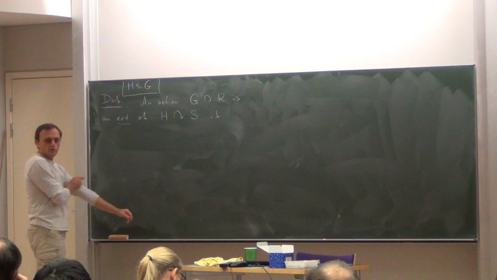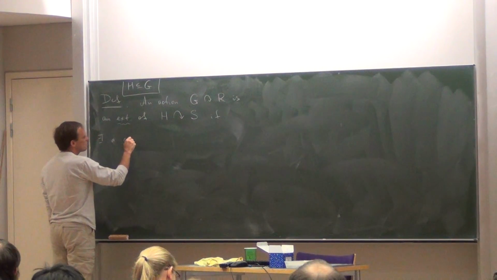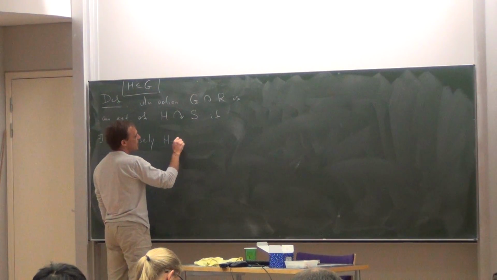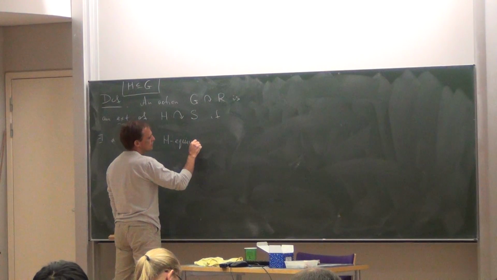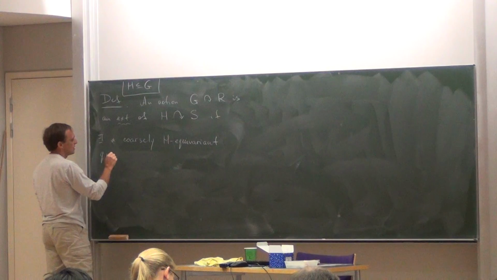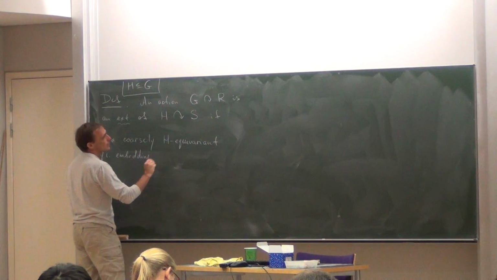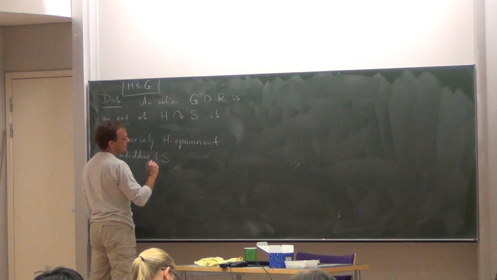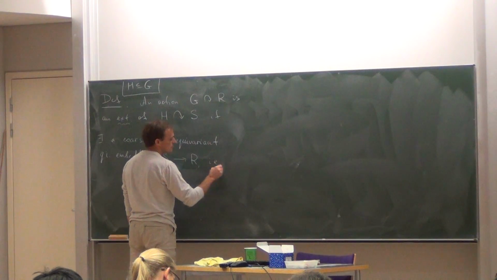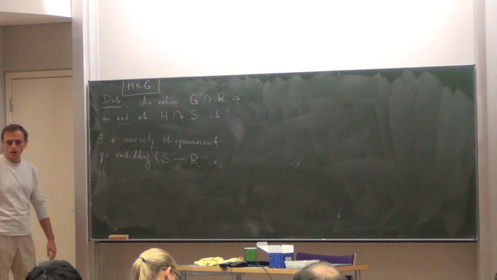So what's the proper definition of that? If there exists a coarsely H equivariant quasi-isometric embedding, let's call it F from S to R. So what does it mean to be coarsely H equivariant?